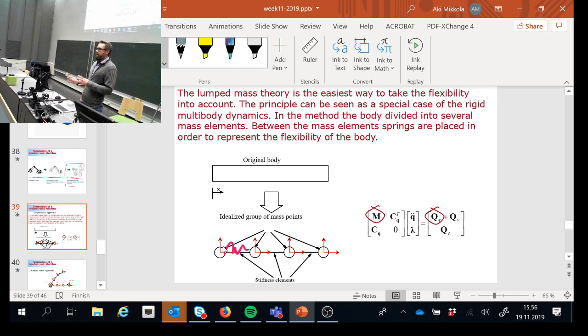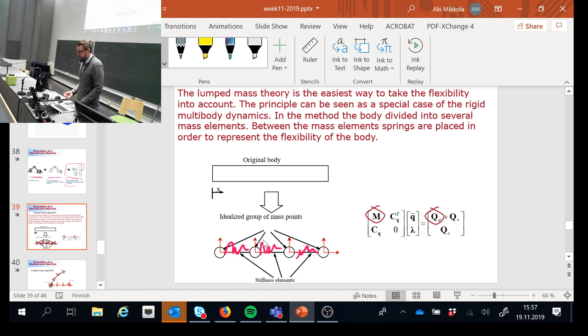These spring elements will be constructed such that there is a stiffness for all 6 degrees of freedom in a spatial case and 3 degrees of freedom in a planar case. That makes it possible to have some kind of simple description of deformable bodies, because altogether these rigid bodies plus stiffness elements behave like deformable bodies.